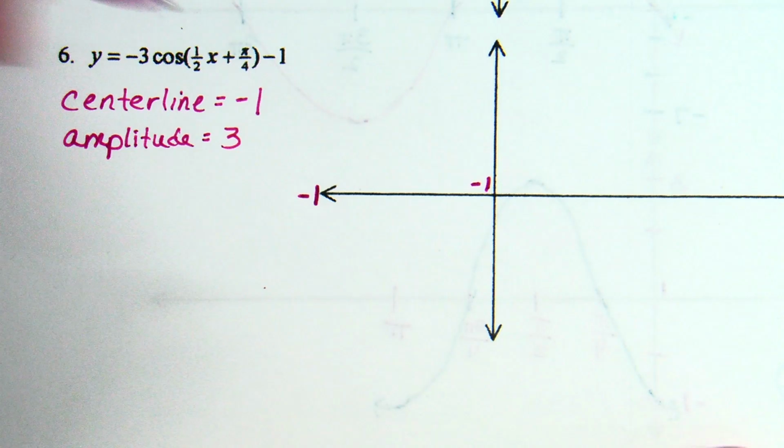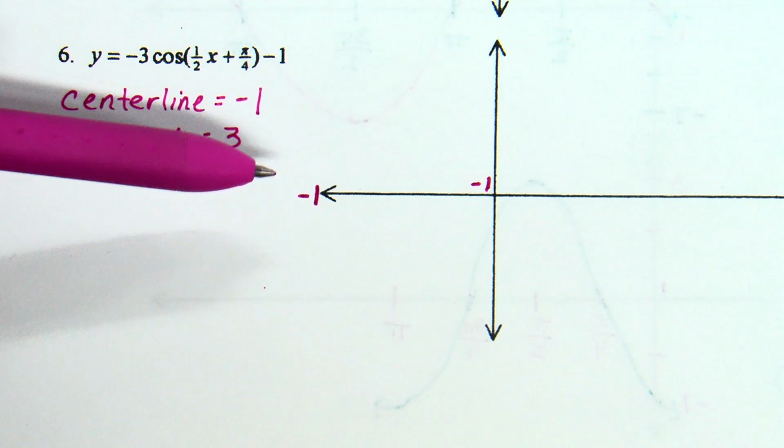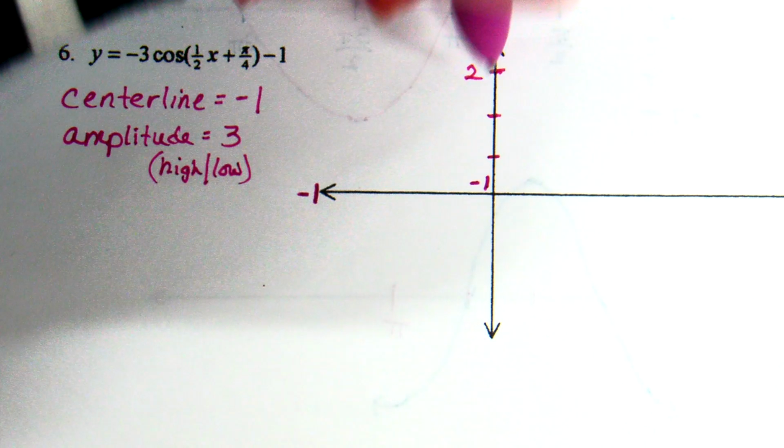So that amplitude of 3 means we're going to go as high and low as 3. If my center line is -1, up 3 from -1 puts me at 2, because -1 plus 3 is 2. And if I go down 3, -1 minus 3 is -4.